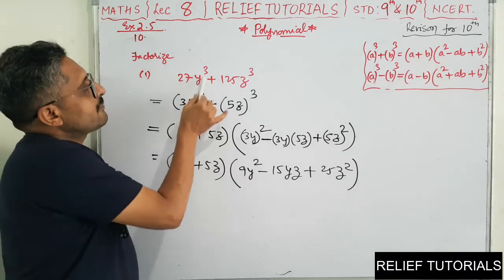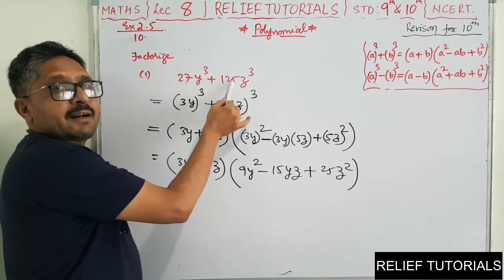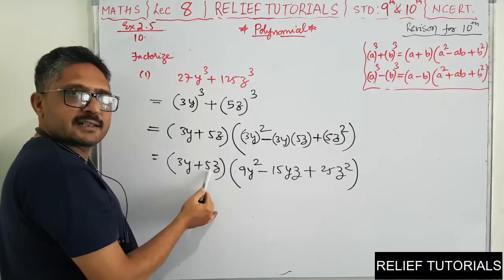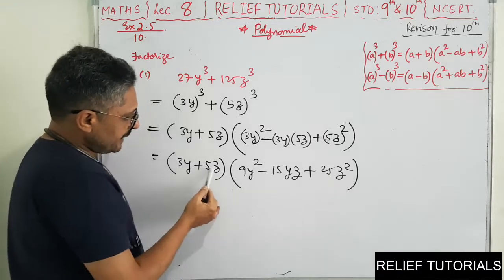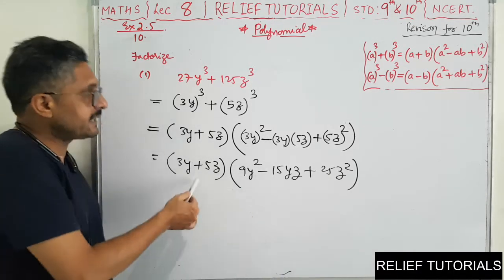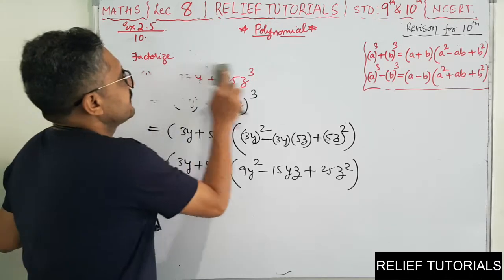Very simple: 27y cube is the cube of 3y, and 125 is the cube of 5z. The square of 3y is 9y square, the square of 5z is 25z square, and the product of these two, 3 into 5, 15, is 15yz. Directly you can write this identity from here.